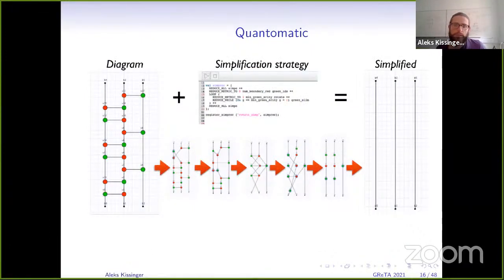So you name some dots, like you say which colors of dots I want, and what are my rules, and then it has some sort of specific strategy language, which if you've ever worked with an interactive theorem prover, you probably recognize this kind of tactic type language, where you can implement some tactics in it and it will do rewriting for you.